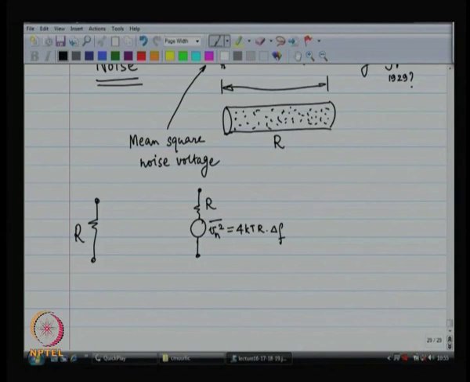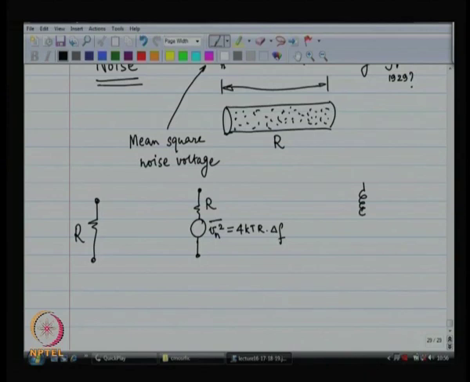Okay. Now, if this resistance happens to be 0, do you think there is going to be any noise voltage? No. So, suppose I have got an inductor, an ideal inductor which does not have any resistance.